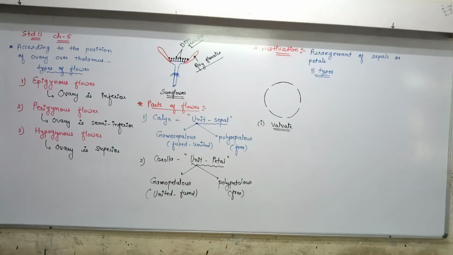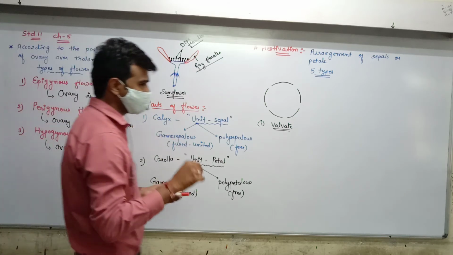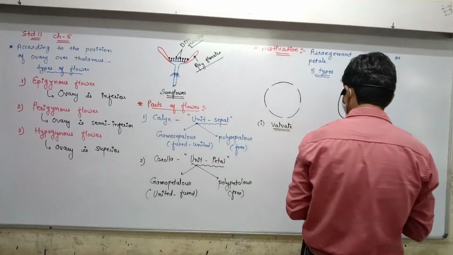Okay. So in valvate type, on one margin, sepals or petals are arranged in a proper way. This is known as valvate. Second is twisted. Okay, you have to explain this twisted there.